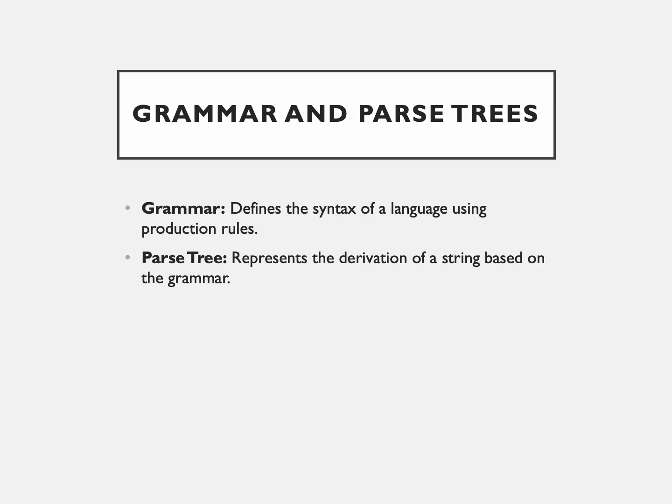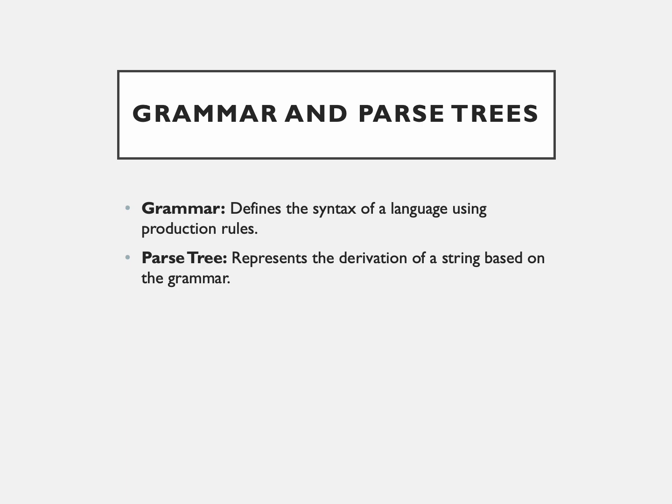For instance, a rule like S → A S B means that an S can be replaced by A followed by another S and then B. So grammars help ensure the language syntax is consistent and interpretable. We'll also see some examples in our next slide.